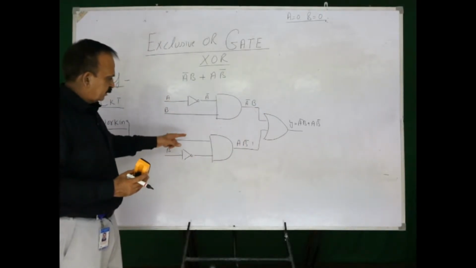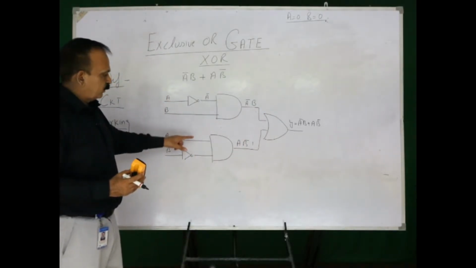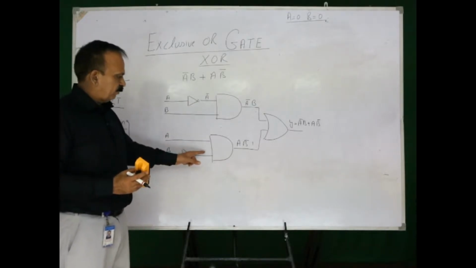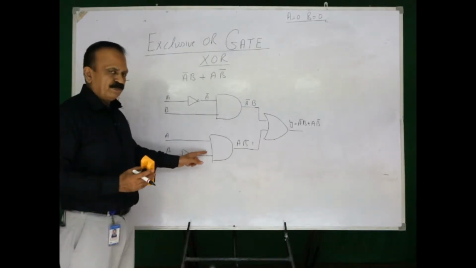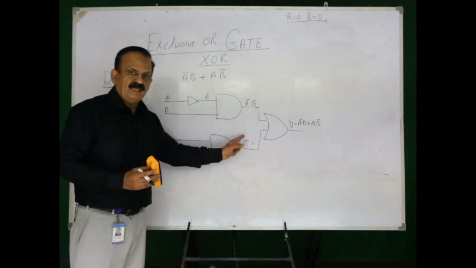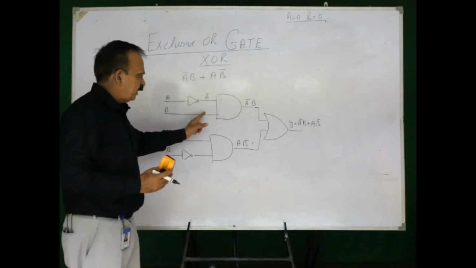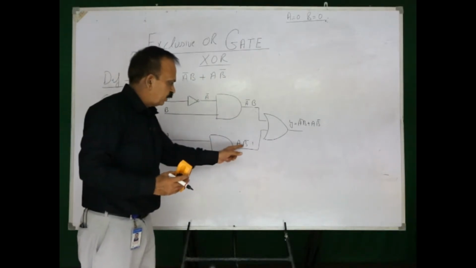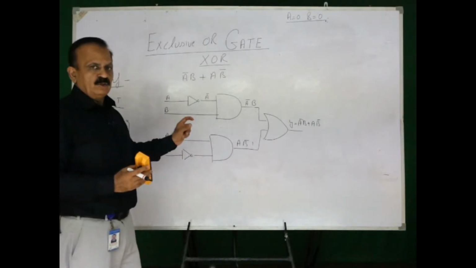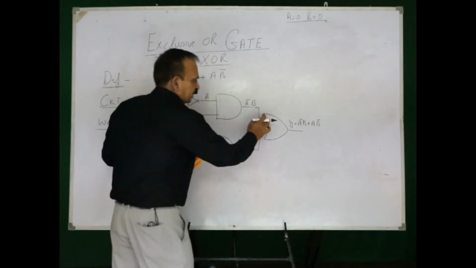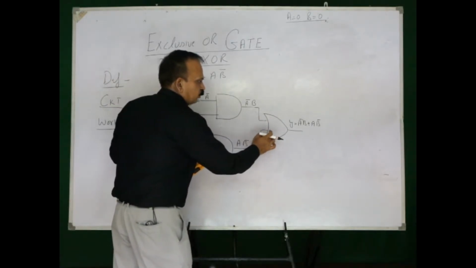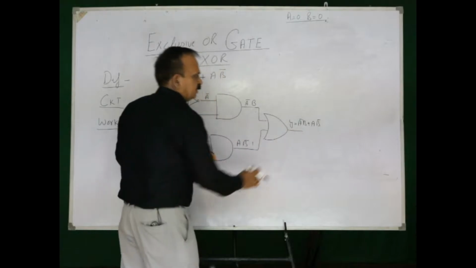For the other AND gate, A is equal to 0, and B is 0 so B bar will be 1. This 0 and 1, the output again here will be 0. It is 0 because B is 0, and this is 0 because A is 0. And when these two are 0, the output of the OR gate will be 0.